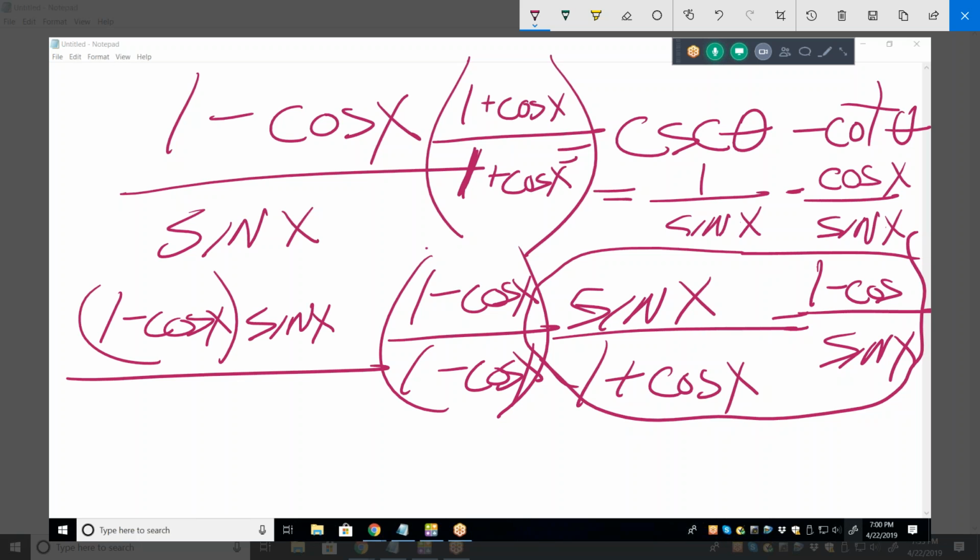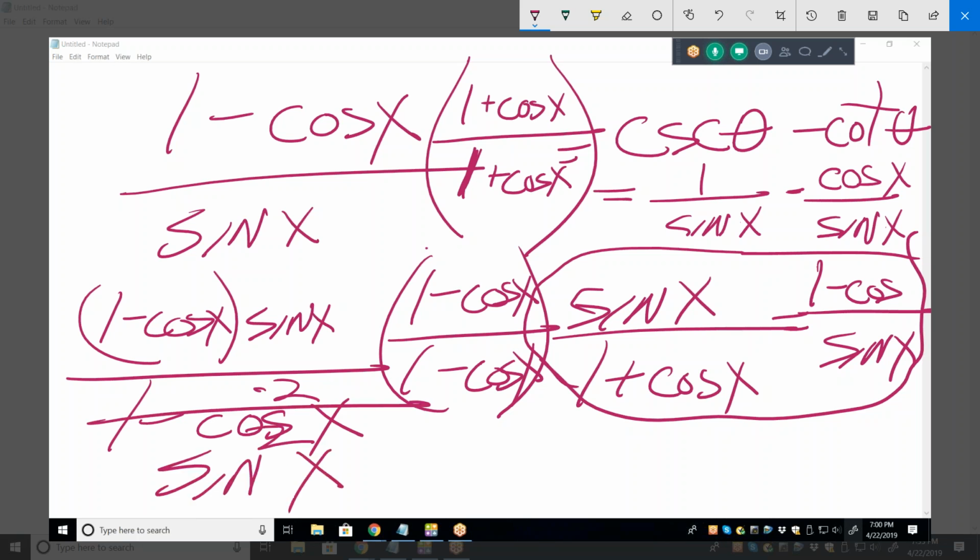And in the bottom is going to give me 1 minus cosine squared x, which is sine squared x. Now I can cancel that with that, and that's what I have over here. 1 minus cosine all over sine.